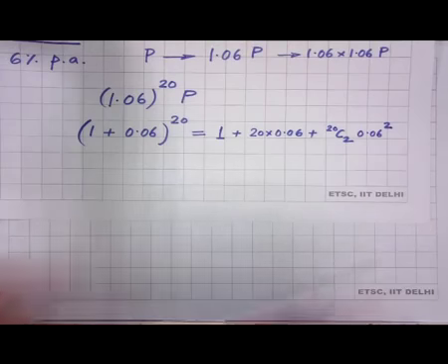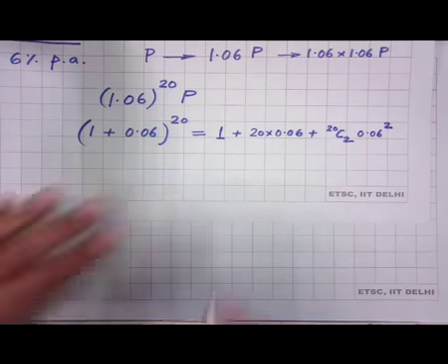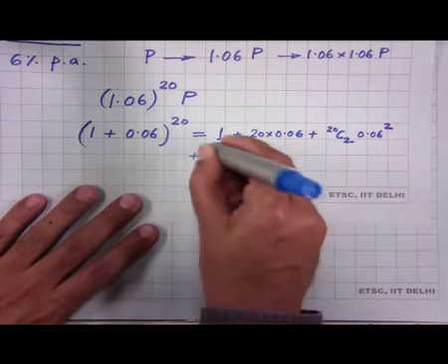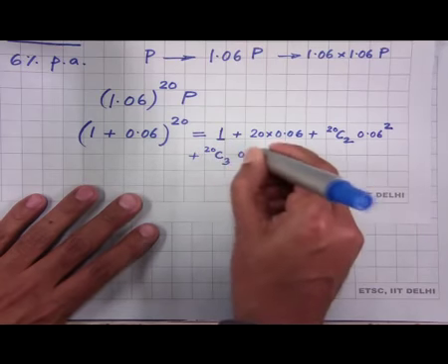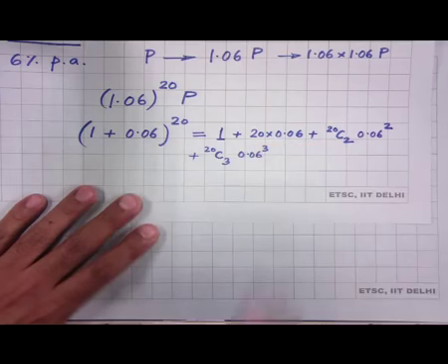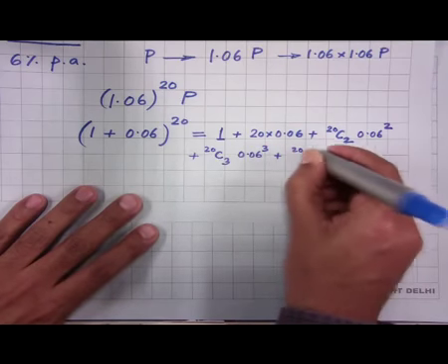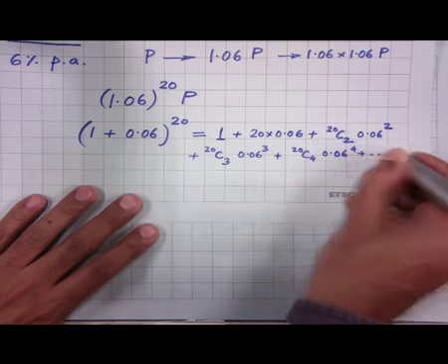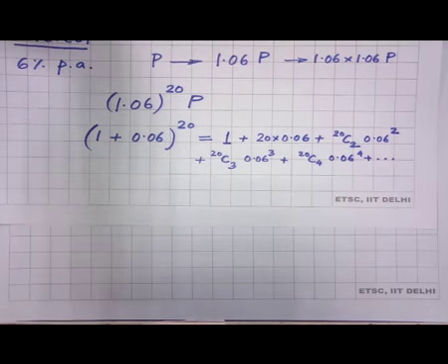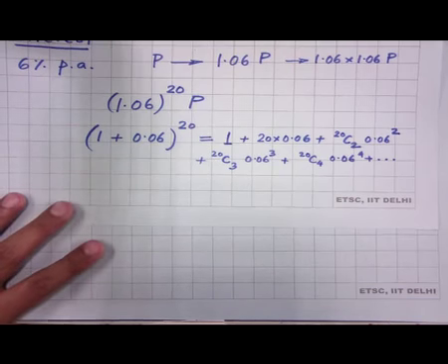So, into 1 power 18, which I am not going to write. Then what is going to be the next term? The next term is going to be 20C3 times 0.06 whole cube, and then the next term is going to be 20C4 times 0.06 whole power 4 and so on and so forth, right, many terms.